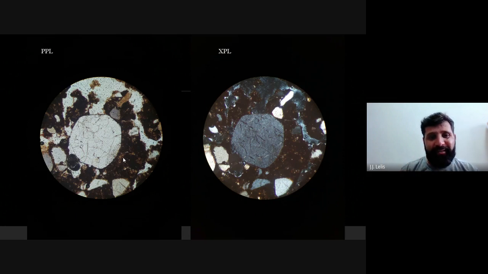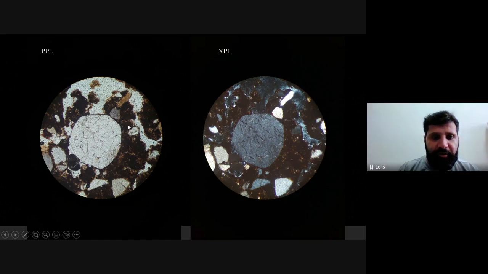Generally, clays that are not well oriented are mixed, they present a random distribution. They do not present different colors in the XPL.